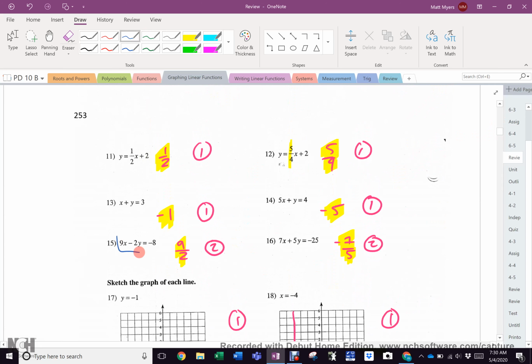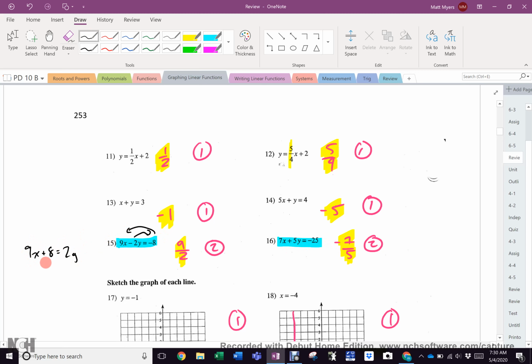Remember, when you get to these ones, you've got to isolate y. So I'll quickly do that. 9x plus 8 equals 2y, because I moved the y over there, so I moved the 8 over there.